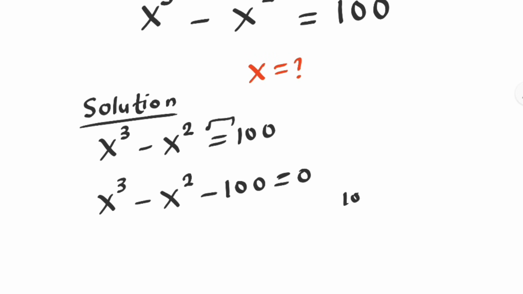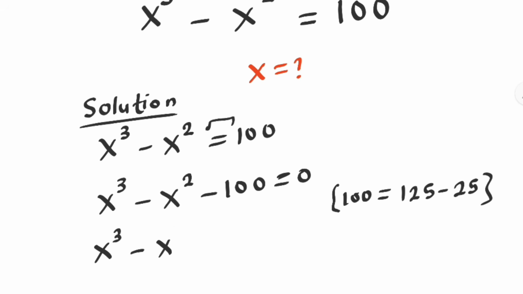But 100 is equal to 125 minus 25. Then this is s raised to power 3 minus s squared minus, let us replace 100 by 125 minus 25.